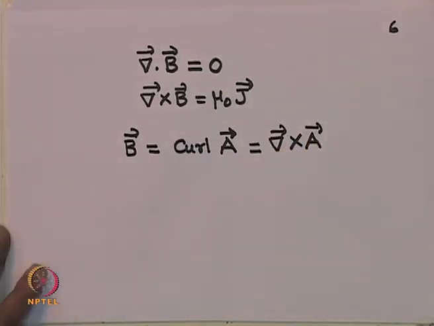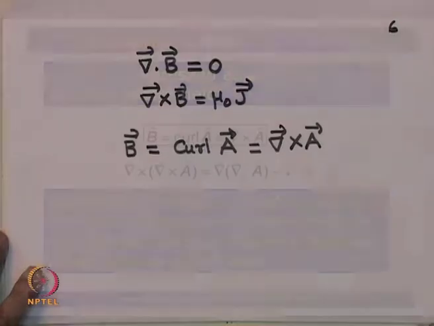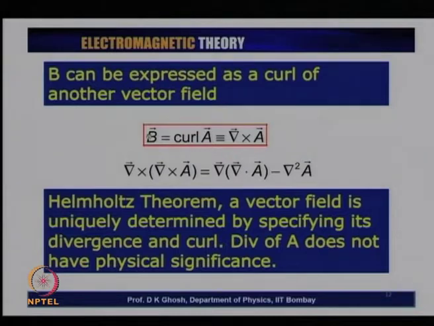Now, notice that del dot of B is equal to 0, and for del cross of B, you recall our Helmholtz theorem, which told us that any vector field can be uniquely specified by providing both its curl and its divergence. So, let us look at what we know.